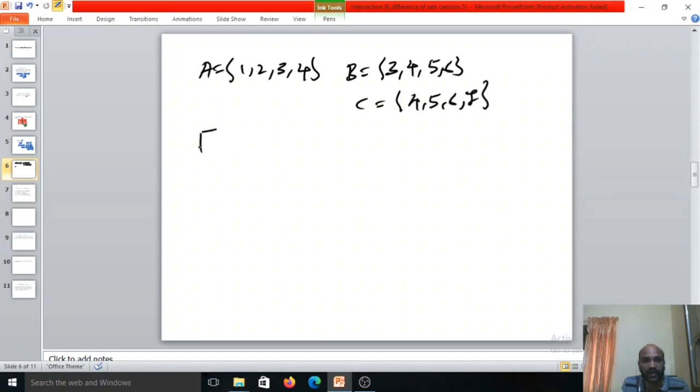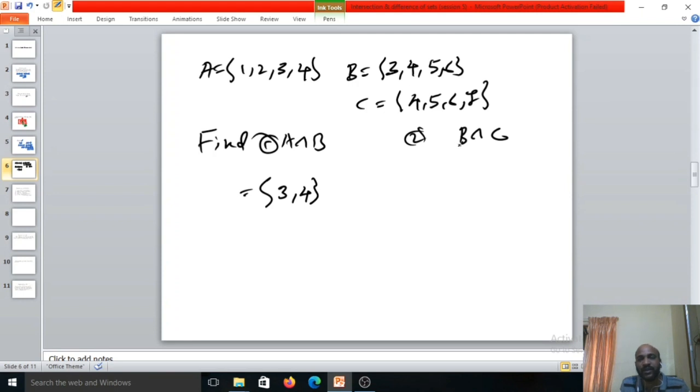Question is find A intersection B, and second one, find B intersection C. So first we can find A intersection B, means common elements of A and B. So common elements of A and B are 3, 4. So A intersection B equal to set 3, 4. And B intersection C means common elements of B and C. Right? So common elements of B and C are 4, 5, 6. So this one is B intersection C.